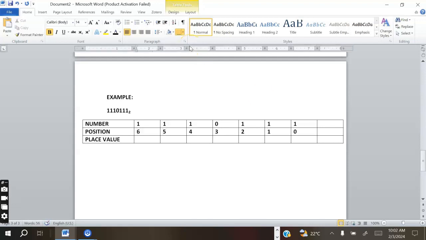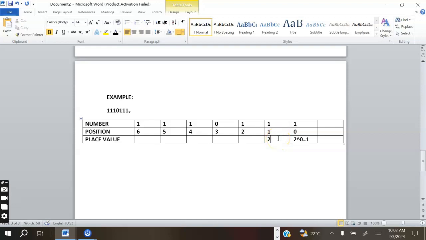So it's at position 6. After that is where you multiply. You get the power. So this is 2 raised to power 0, which is supposed to give us 1.